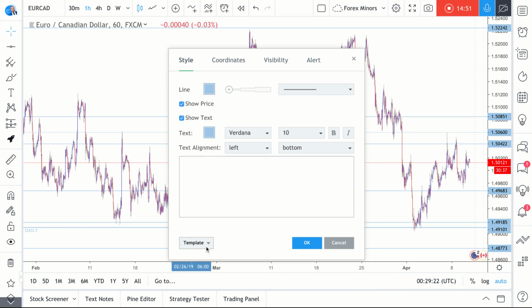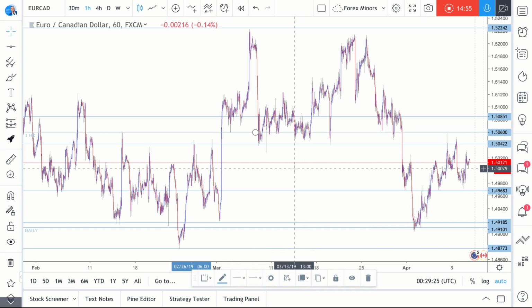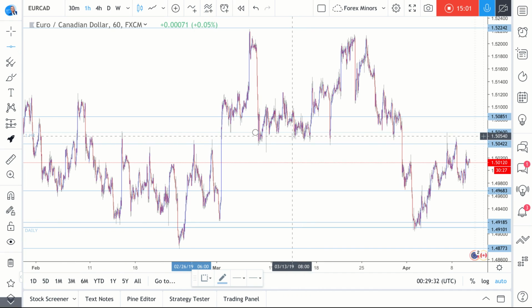Put it on the skinniest setting for 1 hour. And that's just personal preference. That's how I like my screen to look. Oh yeah, look at all this support just all through here. Resistance. Resistance is a perfect place to put a line.